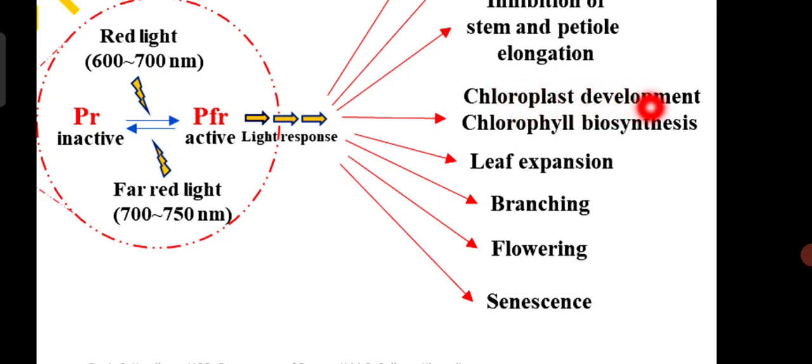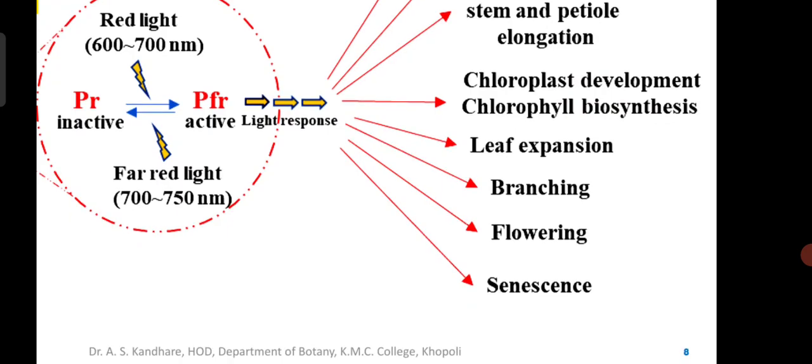So it is related to photomorphogenesis, isn't it? Biosynthesis of chlorophyll pigment is influenced by red and far red light, and a specific ratio of PR to PFR is needed for the biosynthesis of chlorophyll pigments.